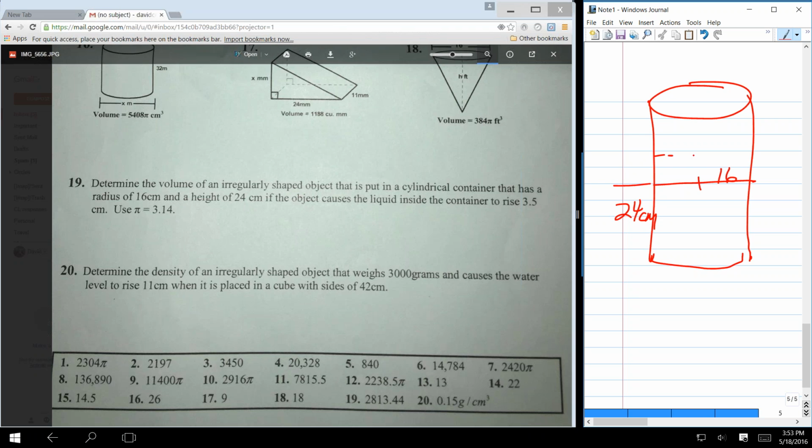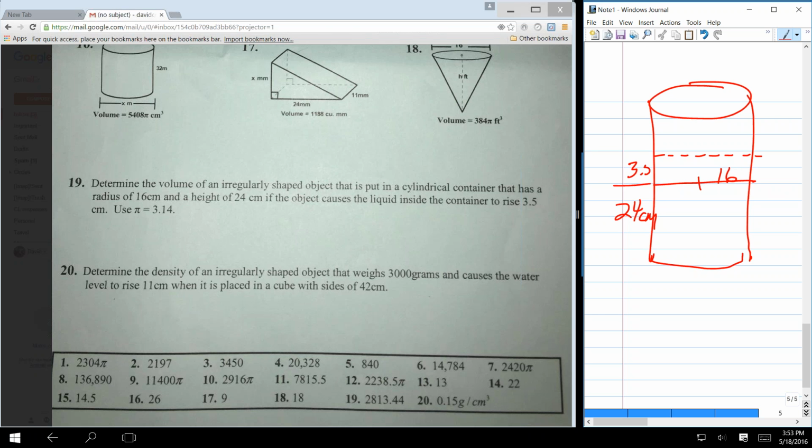So the new level goes to there, and this is 3.5. So what's the volume increase? What is this volume of water right there? And that's the volume that the object has.